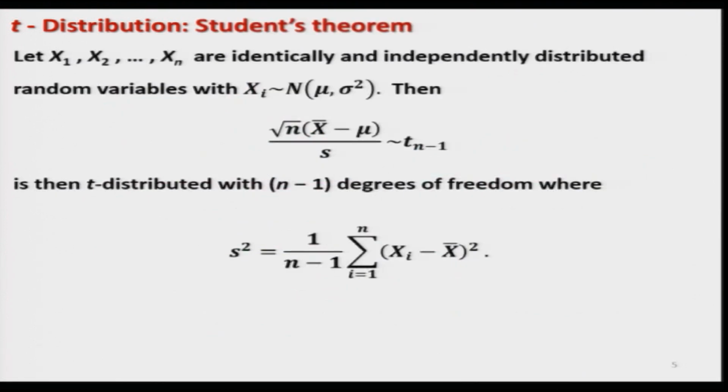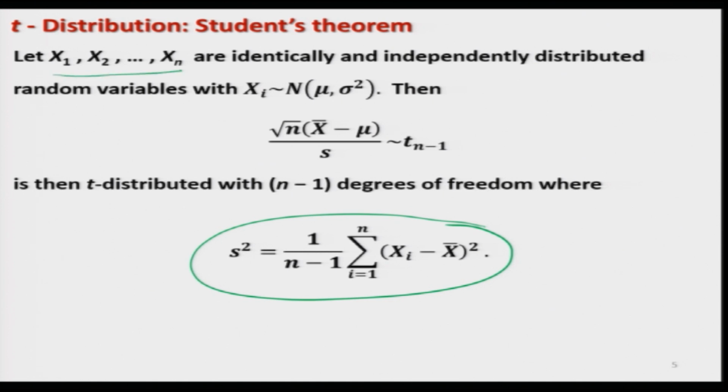Now, there is one very important result that we will be using many times in statistical inference when we want to draw a statistical conclusion from a given set of data. So, suppose S square is the sample variance, right, that you have the observations x1, x2, xn which are identically and independently distributed, and then you compute this sample variance from these observations.